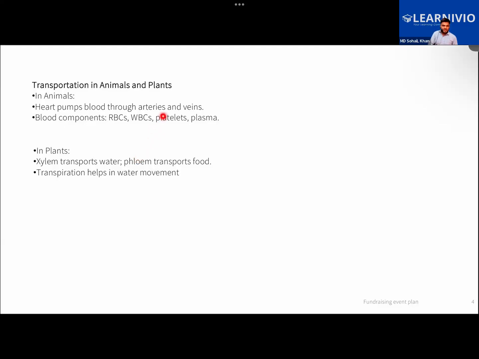Arteries carry the oxygenated blood while veins carry the impure or deoxygenated blood. Blood has various components: red blood cells, which contain hemoglobin; white blood cells, which provide immunity; platelets; and plasma.